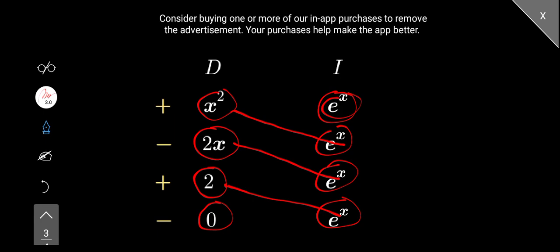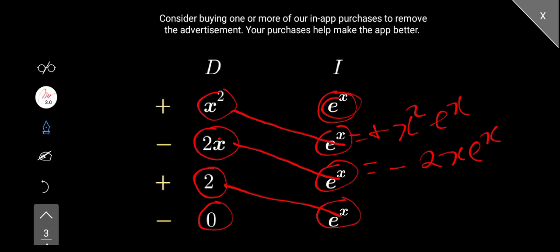So x squared is positive there, so you get positive x squared times e to the power x. Here we get 2x, which is minus 2x times e to the power x. Here we get positive 2 times e to the power x.